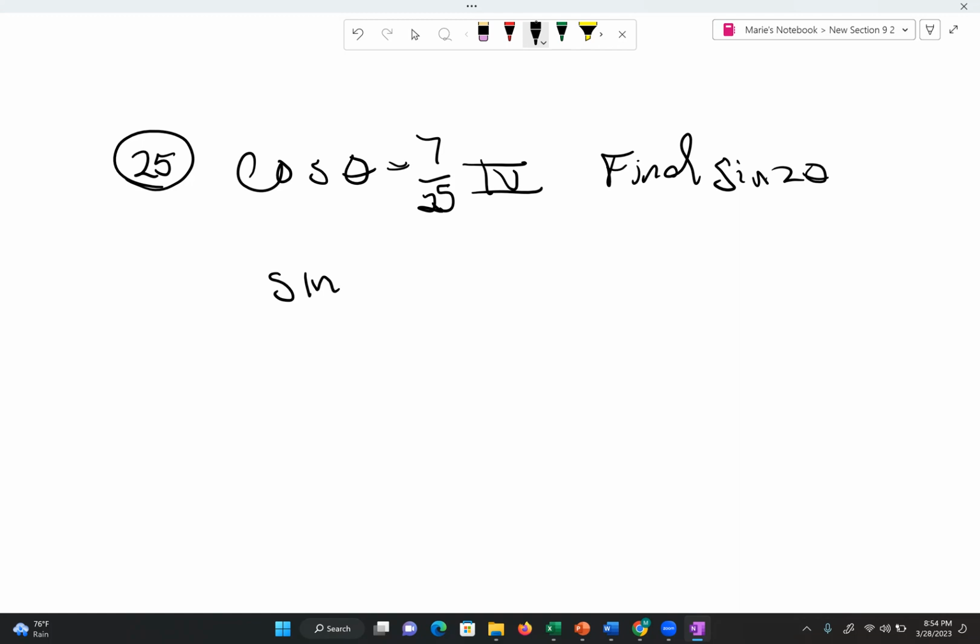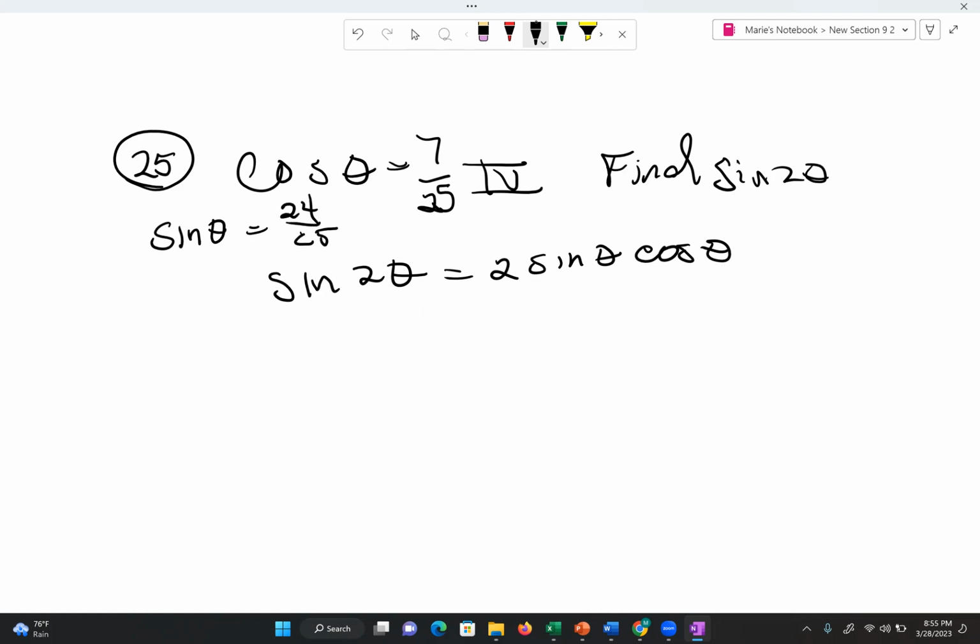So sine of 2 theta is equal to 2 sine theta cosine theta. So here's what we do know. We have the cosine, the sine of this would be 24 over 25. So sine theta is equal to 24 over 25.